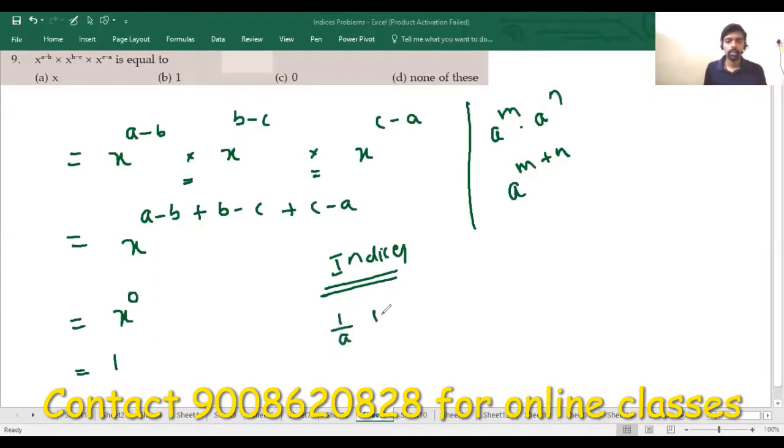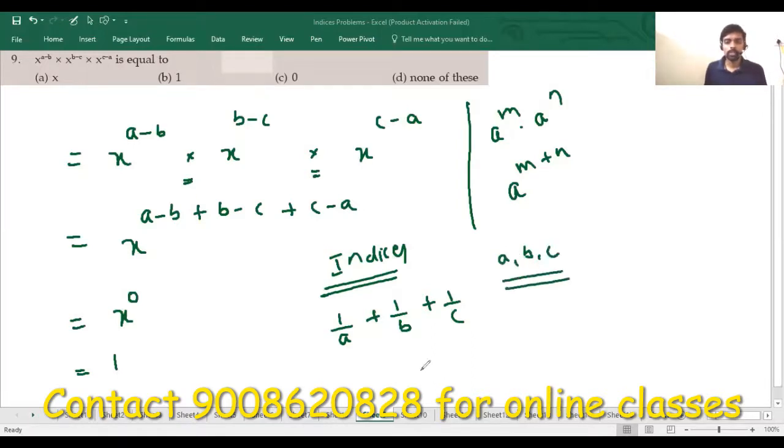For example, 1 by a plus 1 by b plus 1 by c. We say that a, b, c are cyclically symmetrical because after a we have b, after b we got c. And even here, see guys, x to the power a minus b. There are three variables here, a, b, c, and all of them are interchanging.